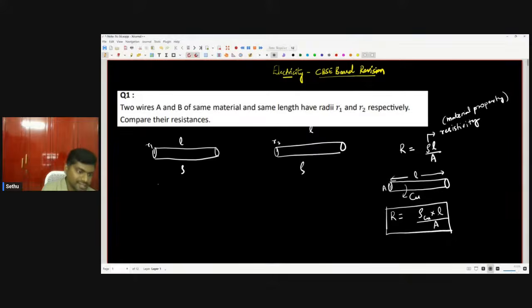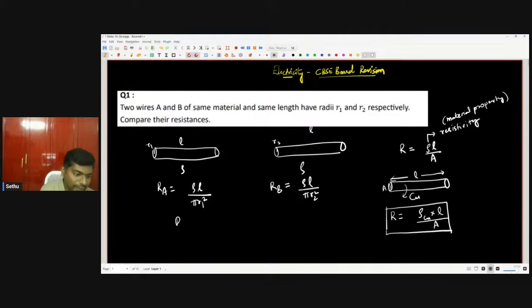So what is resistance? Resistance of wire A is rho into L upon A, and A is nothing but pi R1 square. What is RB? Rho, the resistivity, into L divided by area, which is pi R2 square.